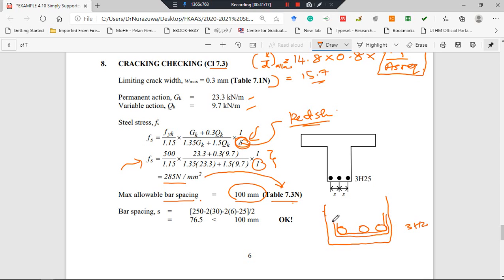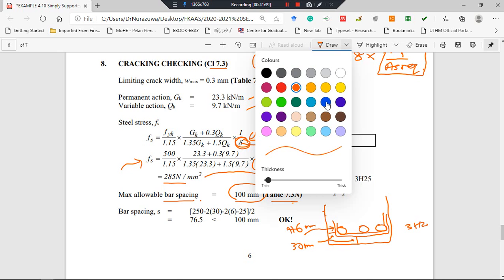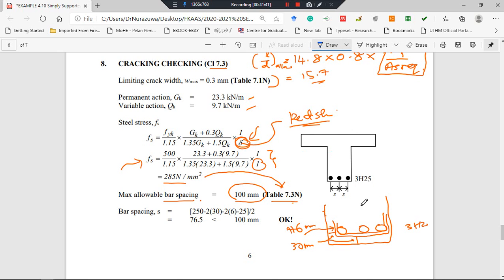The diameter for the shear link is 6, H6, and the nominal cover here is 30 millimeter. And this is the spacing.